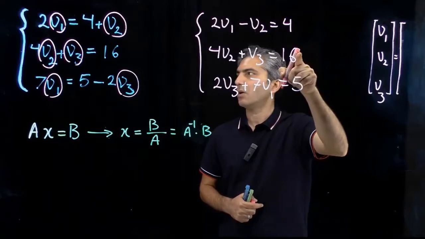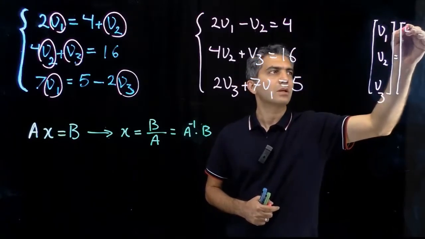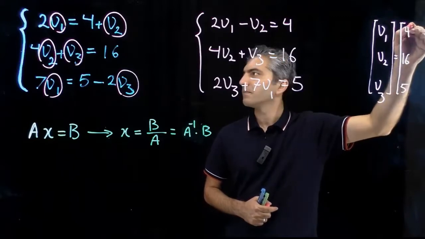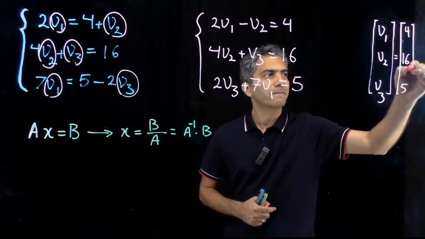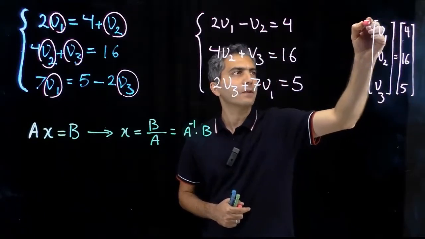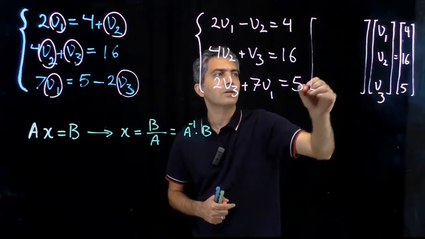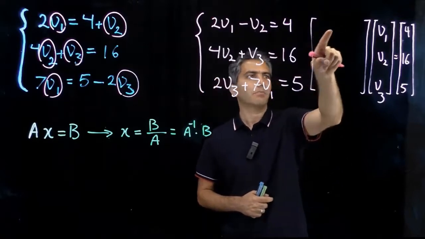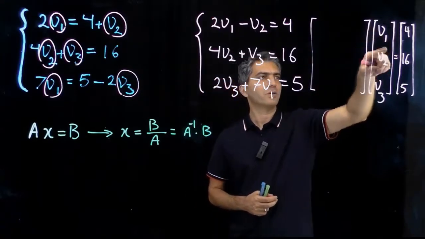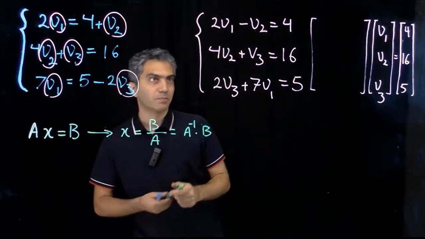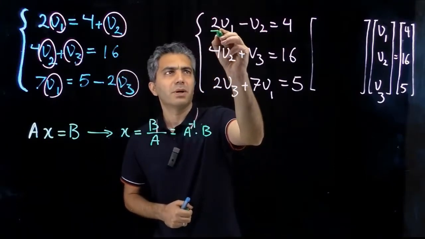I'm going to put all the known values in the same form of arrangement. And now what's left is this matrix of multipliers that get multiplied by V1, V2, and V3 and give us the equations. So how do we figure that out? These are the multipliers that I'm looking for.